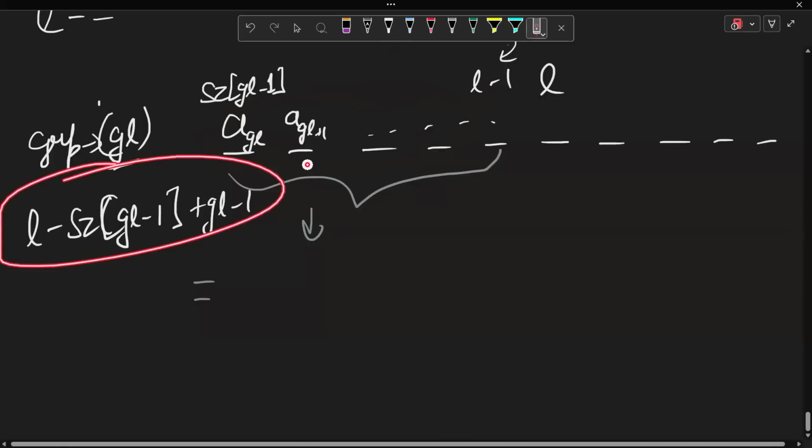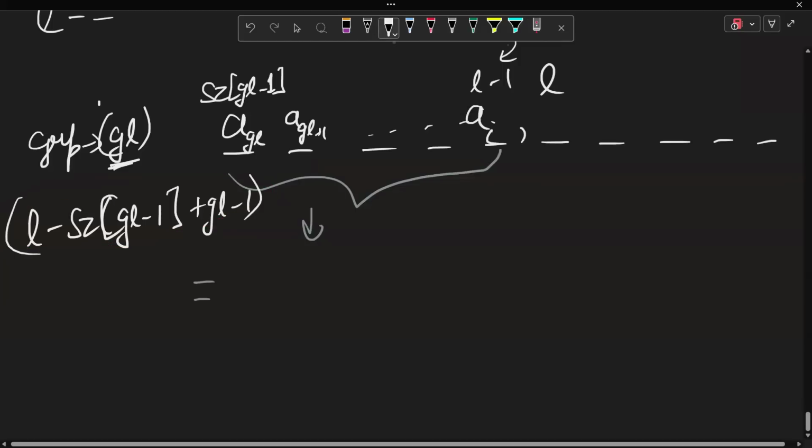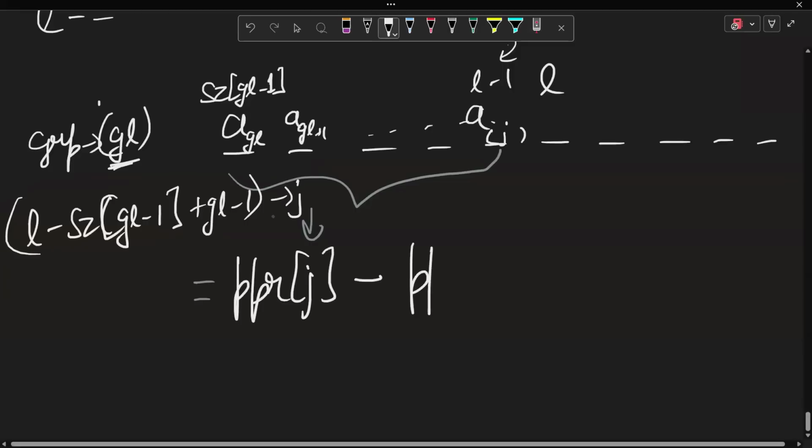That's what you would get. You can do a plus 1 minus 1 in the variables and compute yourself. So A of this is what you would get here. Let's say this thing is J. So A of J is here. So you need to take the PPR of J minus PPR of GL minus 1.